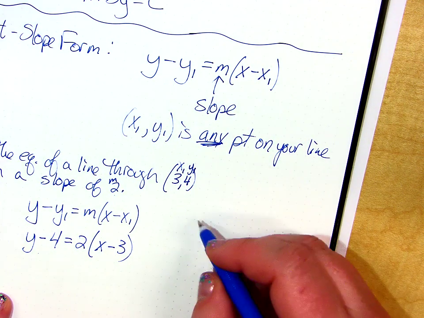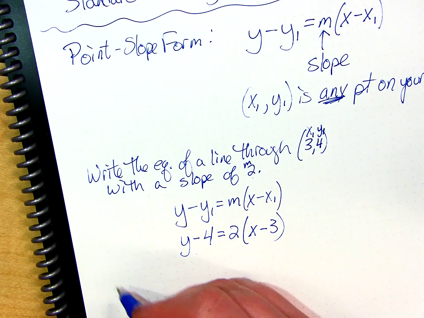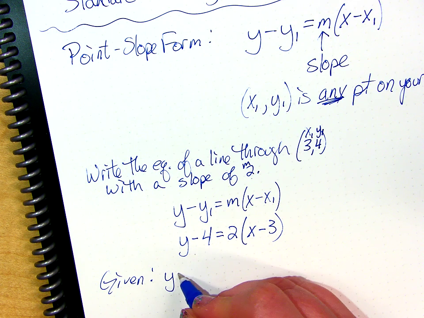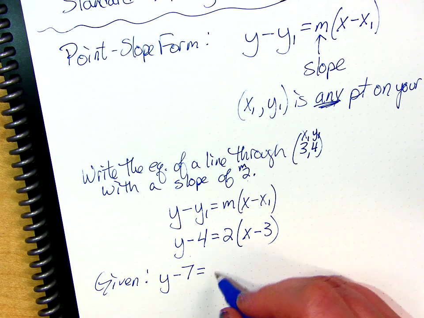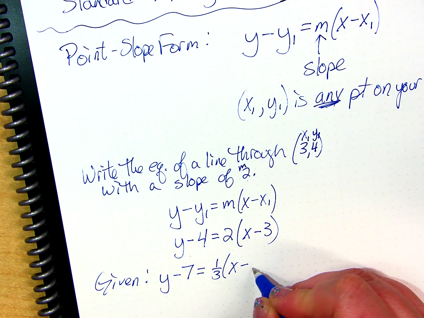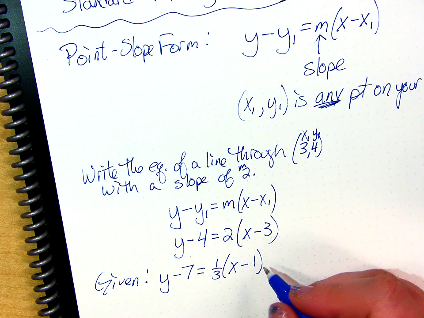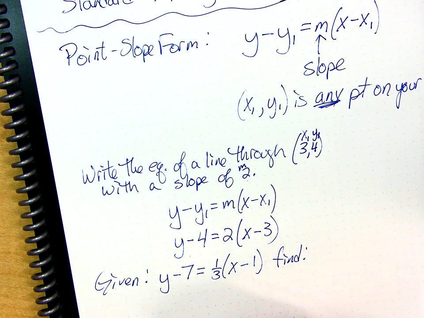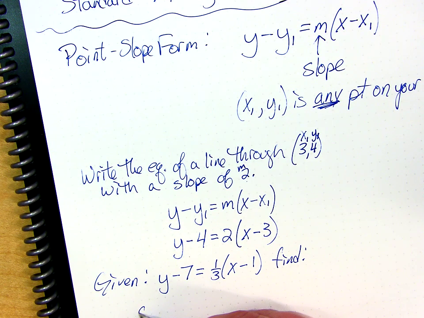Given y minus 7 equals 1/3 times x minus 1, find a point and the slope.